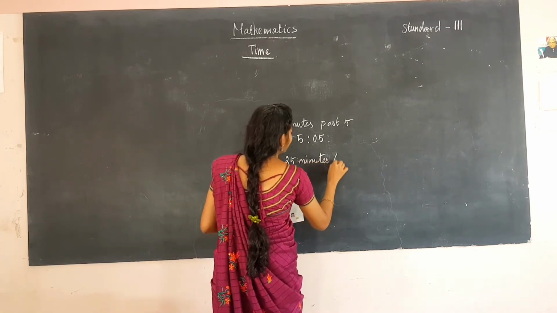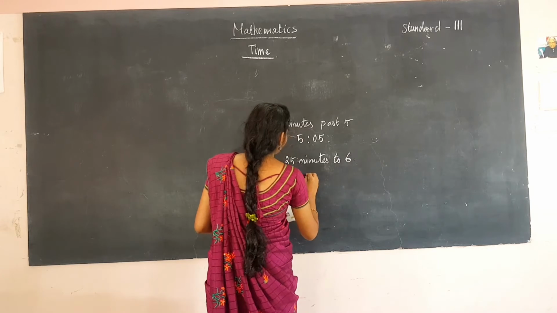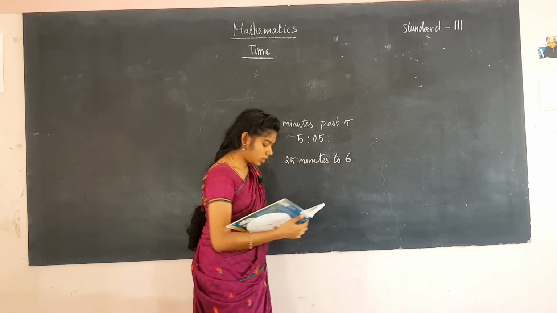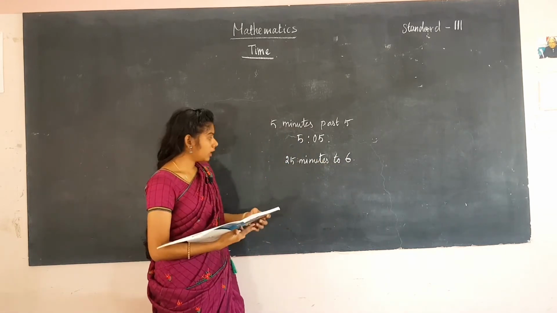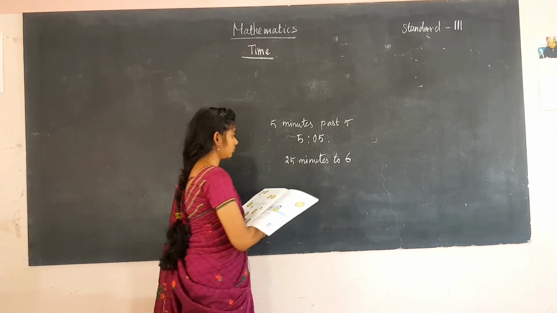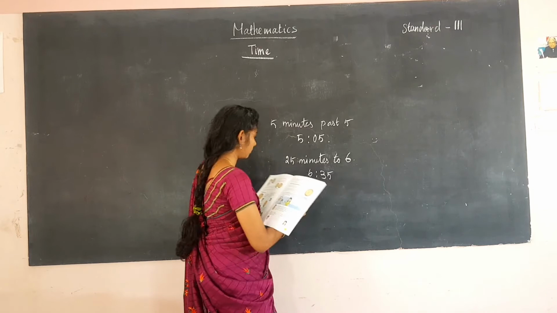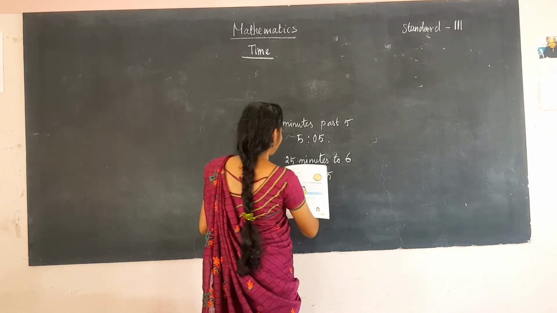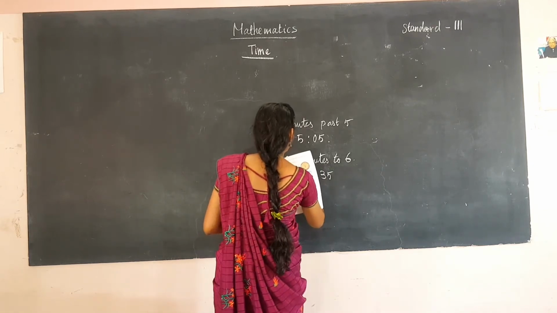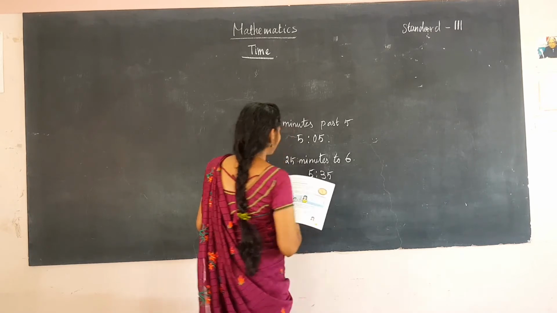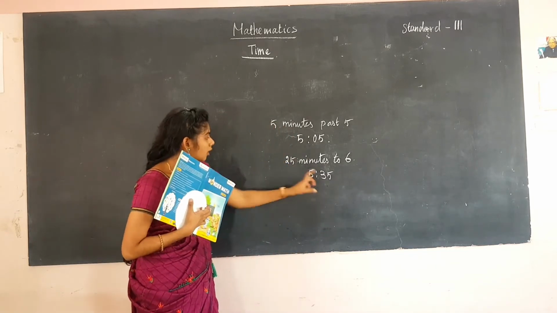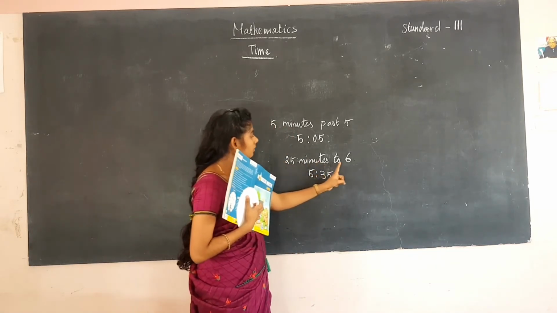So the time is 25 minutes to 6. For 5:35 you have to say 25 minutes to 6.